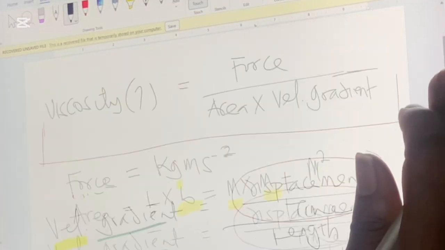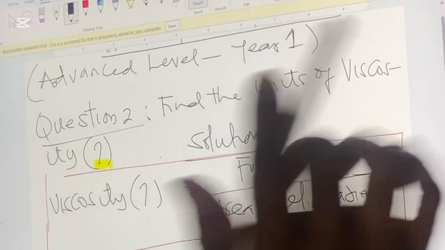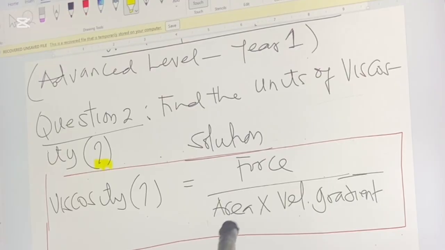So now let's impute the unit into this particular formula.